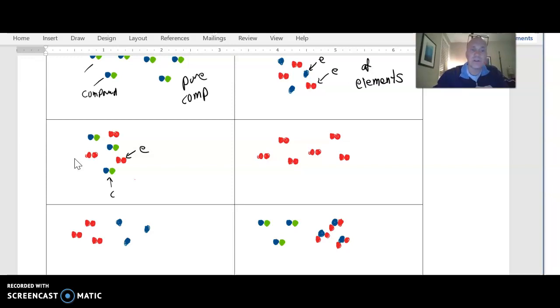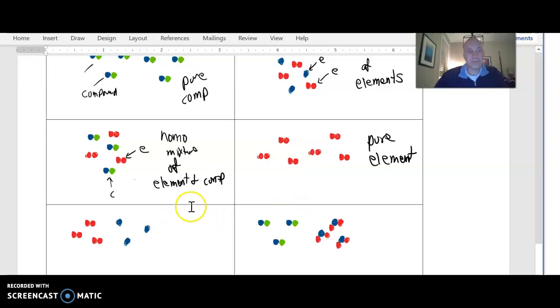And notice that they're completely mixed. So homogeneous mixture of element and compound. This one right here, notice that in this entire square right here, you have nothing but one type of atom. So this is a pure element.